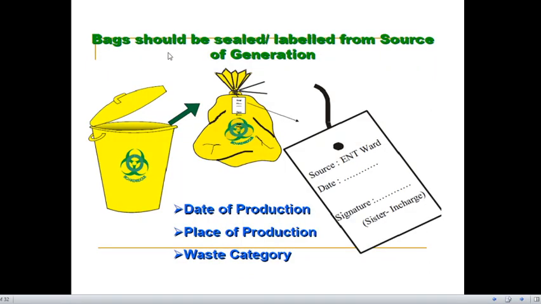And then bags should be sealed or labeled from the source of generation. So if the source is from the ENT ward, or if the source is from the biochemistry lab or pathology lab or microbiology lab, all this has to be entered, and then the date of collection and the signature of the person who is in charge. So all those things should be labeled.